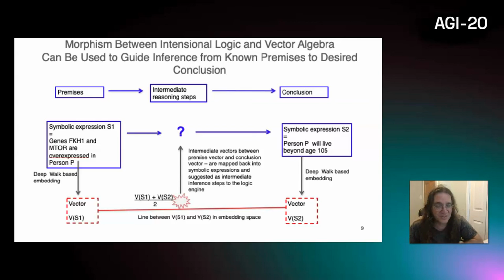So you can use the vector difference to guide reasoning in the logical space, and you can use the vectors as sort of compressed property vectors to input to neural nets or other learning algorithms on the vector side. And this is a real-life example of cognitive synergy between logic in the weighted labeled hypergraph and vector distances and vector arithmetic and all these vector manipulations that are used in standard vector-based machine learning.